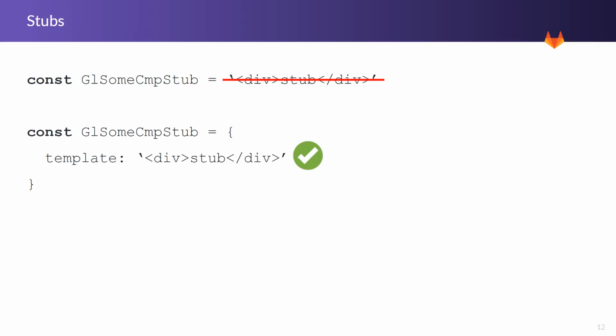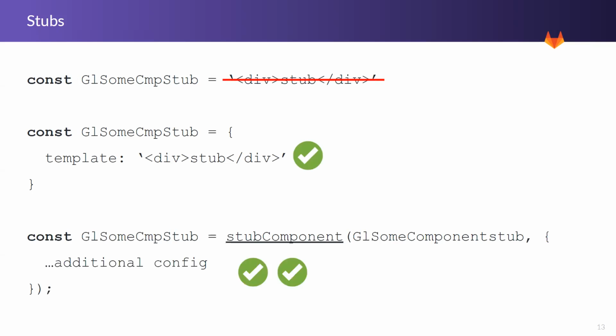But the better approach is to use the stub component helper available in our code base. It's not a part of Vue test-utils, which allows you to specify which component you are stubbing and pass additional configuration to stub. Why is it done in that way?